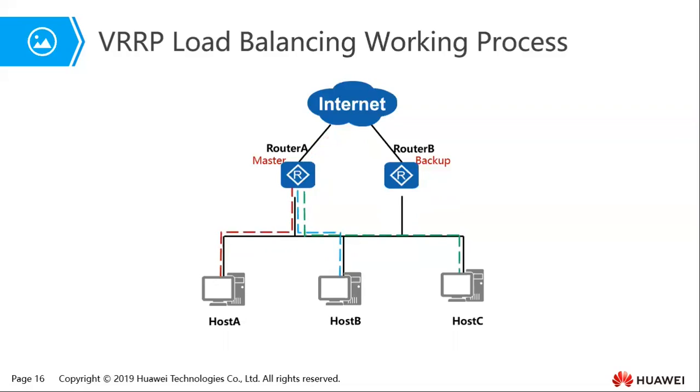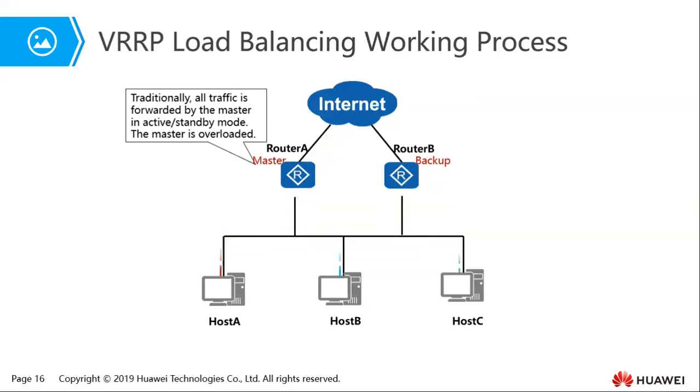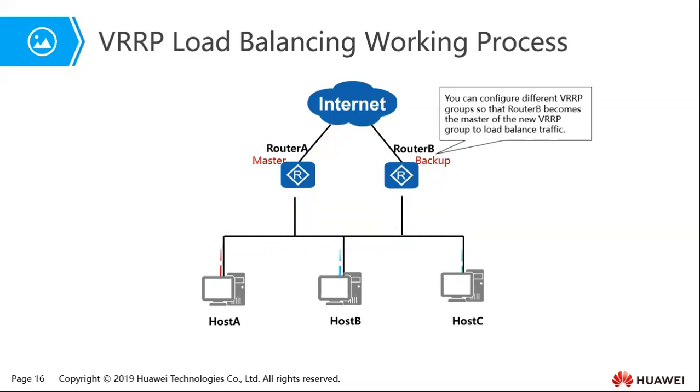That means that the master might actually experience congestion, while the backups are simply going to sit idle. So this is not a very appropriate configuration scenario. So then we can configure what we call load balancing, because this guy is just idle.